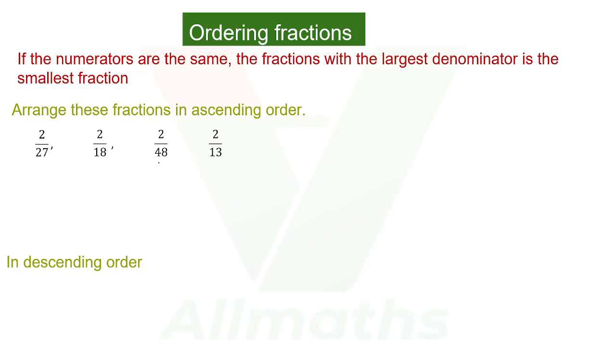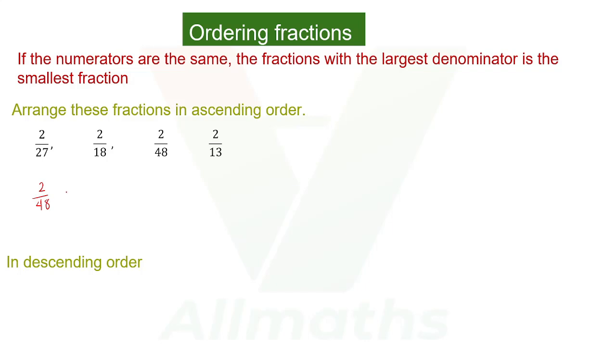They have the same numerator of 2, so that justifies the rule. Which of them has the largest denominator? That is 48. So 48 is actually the least of these fractions. That's the smallest.